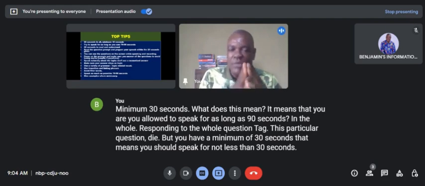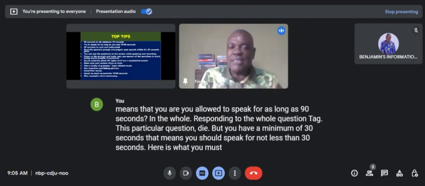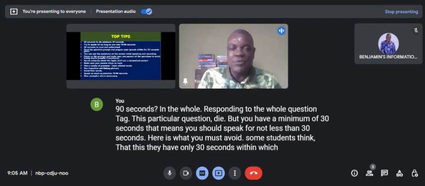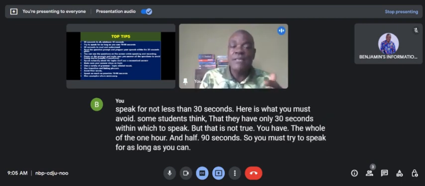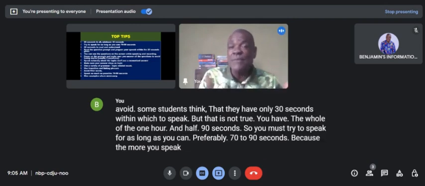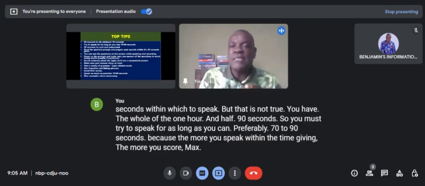Here is what you must avoid. Some students think that they have only 30 seconds within which to speak, but that is not true. Preferably, speak for 70 to 90 seconds, because the more you speak within the time given, the more you score marks under fluency.